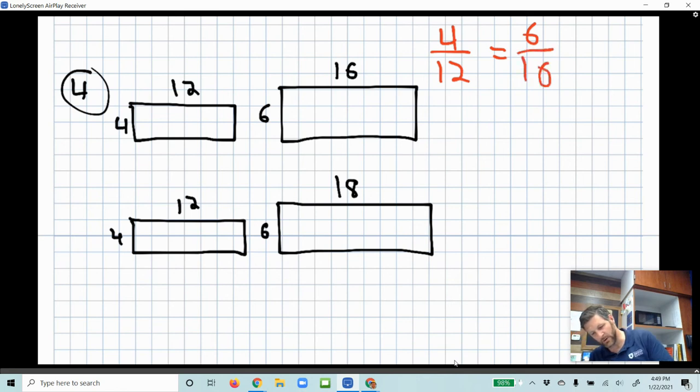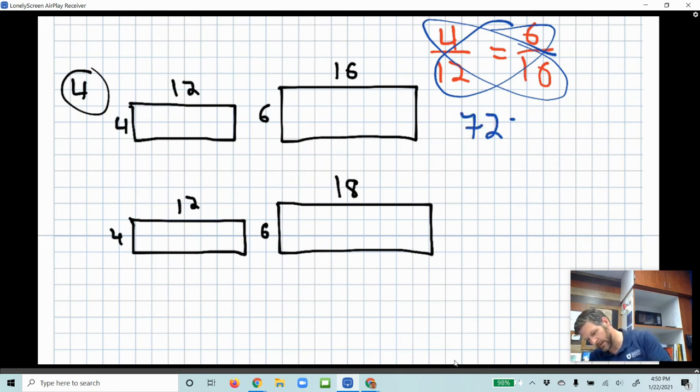And so let's go ahead and do our cross products. Okay, 6 times 12 is 72. And then 4 times 16 is, I believe, 64. Okay, and so you can see they are not equivalent, and so you'd say these two shapes, in spite of how they look, are not proportional.